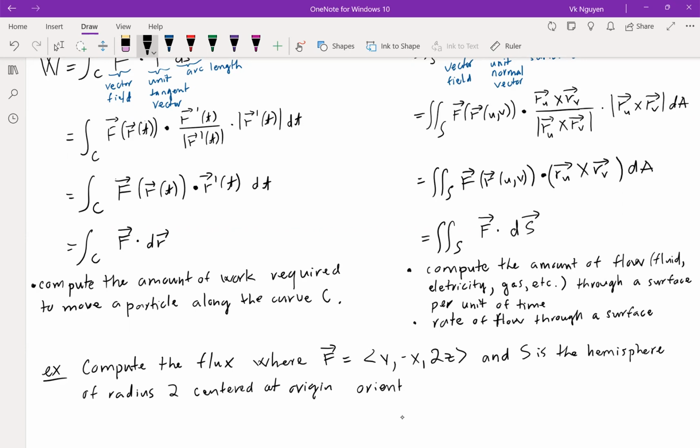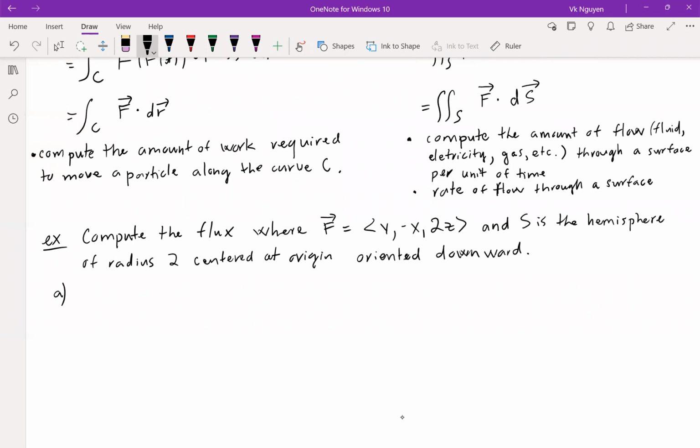Part A: you're going to use spherical coordinates to parameterize S. And then part B: well, it's a hemisphere, so you can use rectangular coordinates to parameterize S. The answer should be the same.